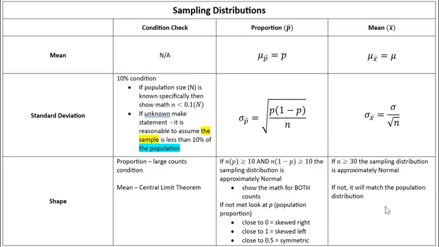But if my sample size is small, aka less than 30, and it does not come from a population that is normal, then I would not be able to, and my shape would match that population distribution. So if the population skewed left, then my sampling distribution would also be skewed left with a small sample size.